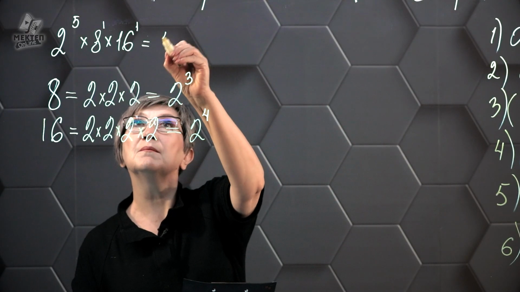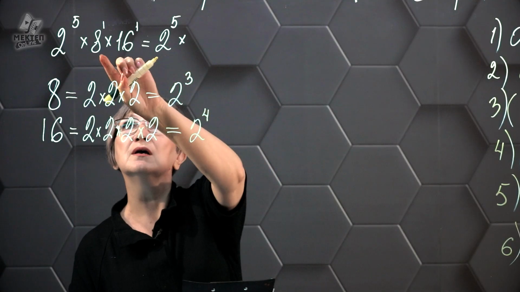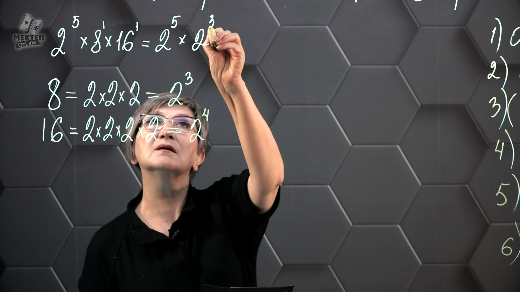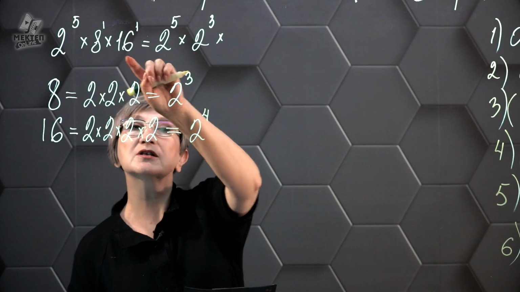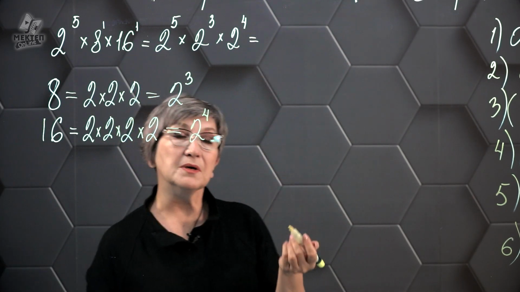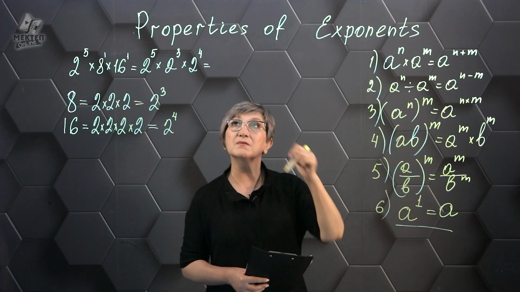And then I can solve our example. 2 to the power of 5 multiplied by, instead of the number 8, I'll write 2 to the power of 3, multiplied by, instead of the number 16, I will write 2 to the power of 4. And now the bases are equal, and then I can apply the first property.